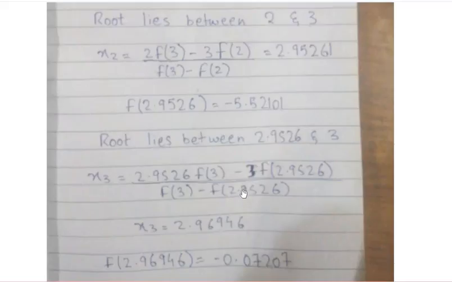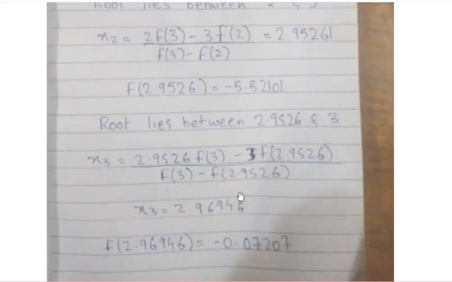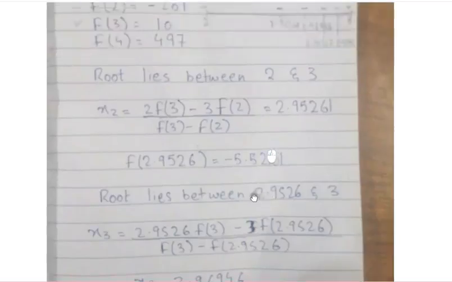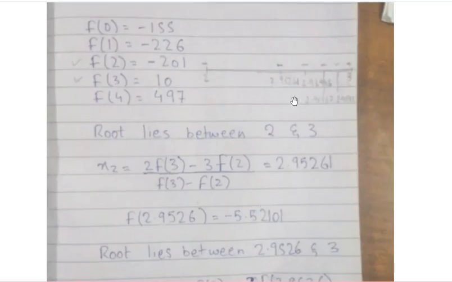By applying the formula, we get another answer of x, which is x3, 2.96946. Now we again write this answer of x3 onto our real line, which is here.